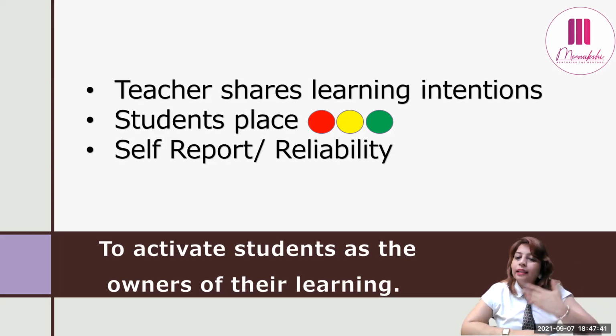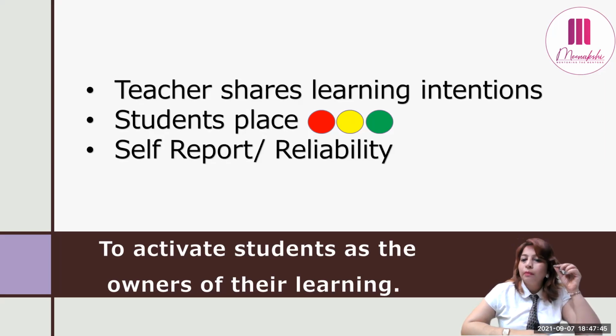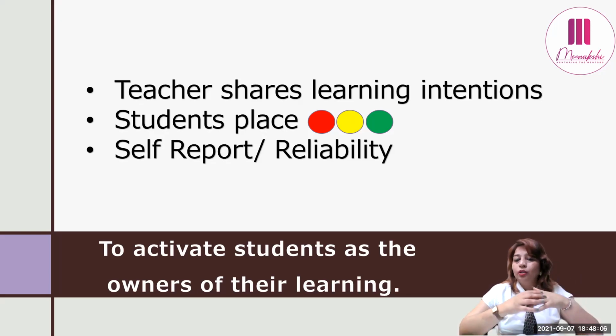The topics that are very clear to them and they're ready to go ahead, they'll put a green symbol over there. The topics that they are not very clear about, where they want some more clarity, they will put a yellow dot. And the topics that they want the teacher to make clear, they will make a red dot. So this is how it is to be done.